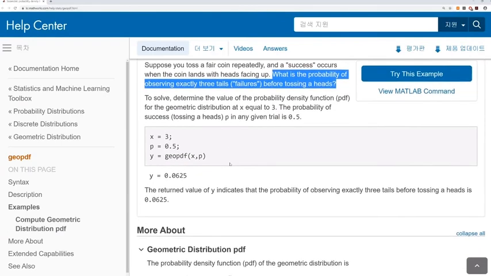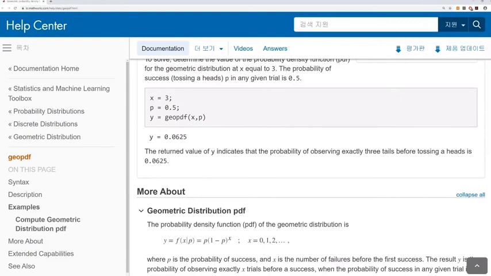So the equation is slightly different here. Instead of x minus 1, we have x, and x starts from 0. That means no failure, and one failure, and in the second trial, we observe the success, and so on.